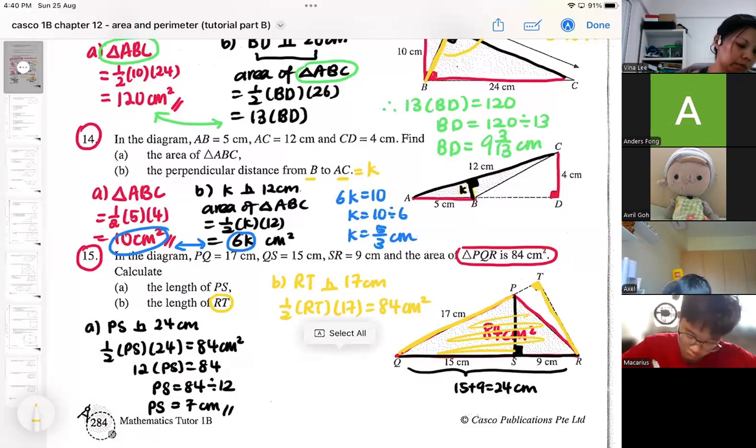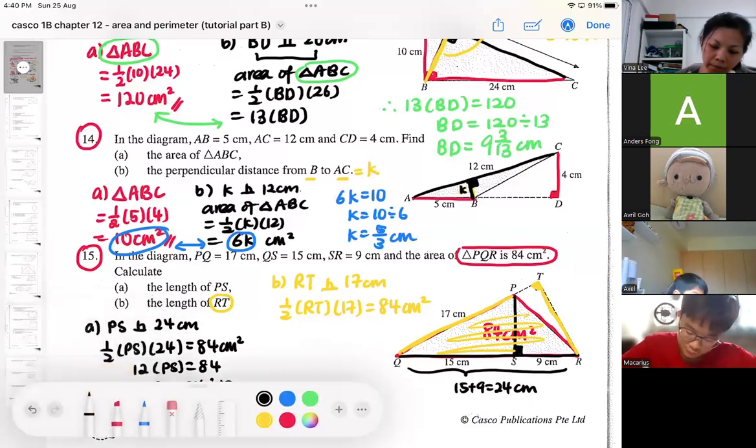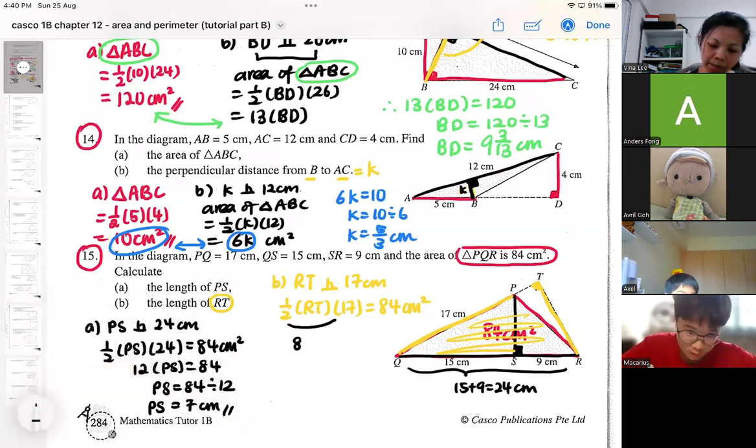Then from there, you can solve accordingly. So this part becomes 8.5, and then you divide accordingly.